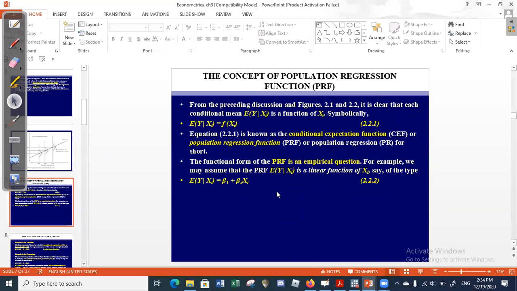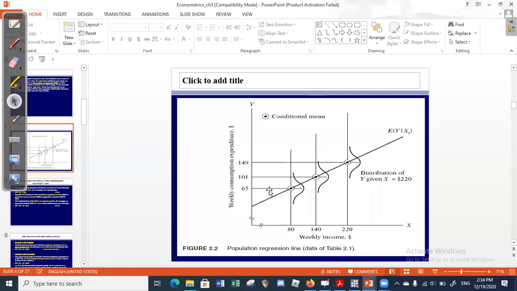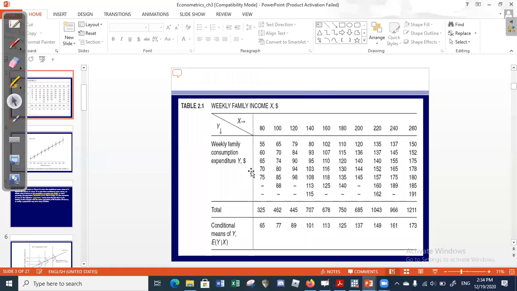In the context of this table, I had told you that PRF basically tells you how this conditional mean, expected value of y given x, which means mean expenditure, if x is equal to 80, it is 65. Mean expenditure, if x is equal to 100, it is 77, and so on.